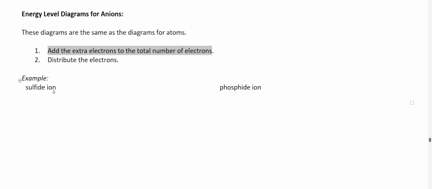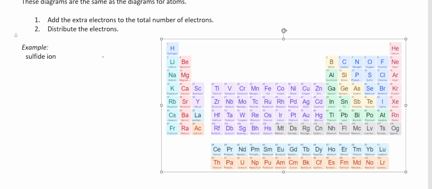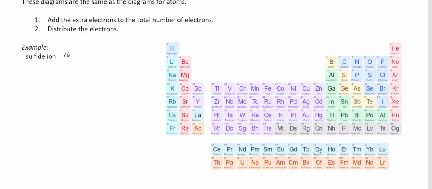And so if I take a look at my periodic table, we can see how many electrons sulfur has gained. Sulfur has an atomic number of 16, so sulfur atoms have 16 electrons. But recall that if they become ions, sulfur is a nonmetal.